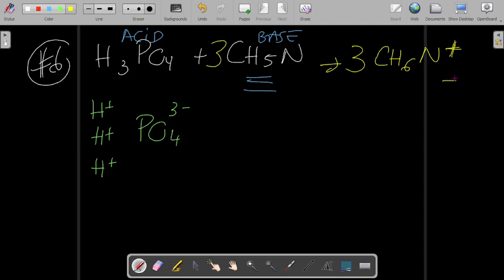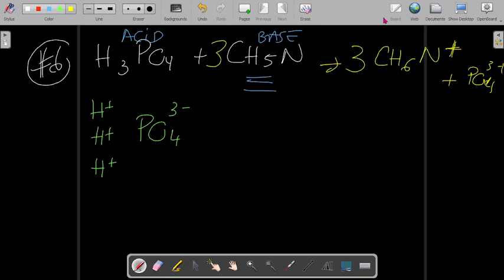This is left, the phosphate. Oops, that's supposed to be 4. The 3 negative polyatomic ion. And that is my answer. There's nothing to add anymore. There's no salt and no water because this was not a base with a hydroxyl polyatomic ion.